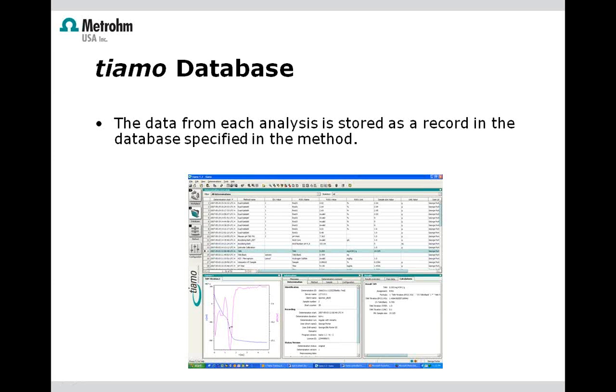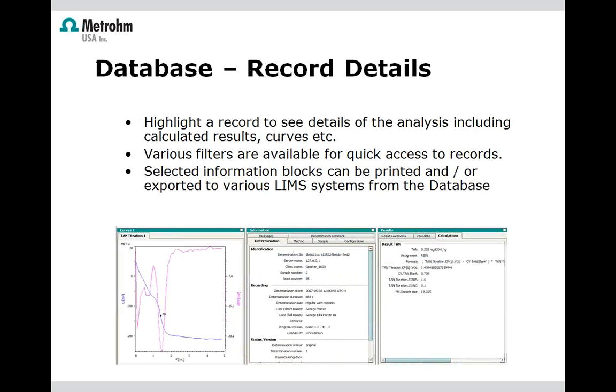You can also reprocess data in the database by right-clicking on each result file and reprocessing, changing sample size, and changing certain aspects of your method so you can see what might be optimized for the next run, if you're doing method development.